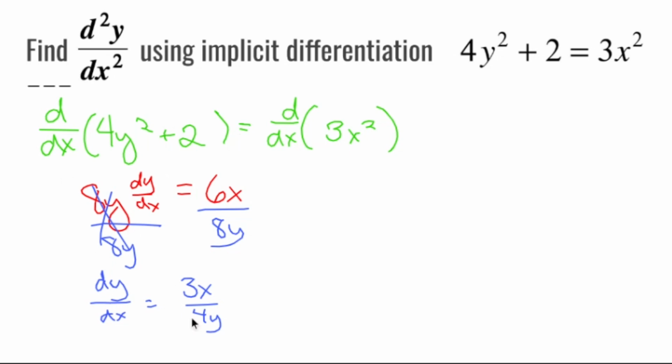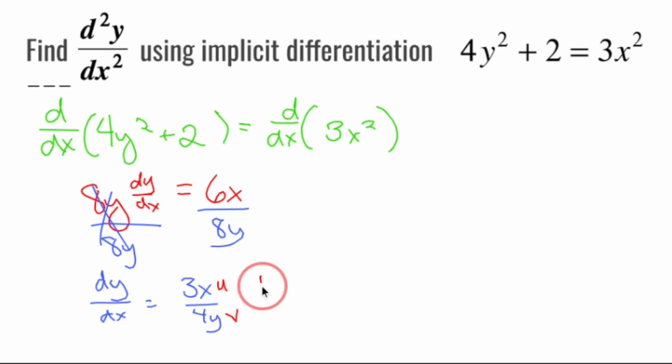Now, the derivative of this guy, all right, so the second derivative is going to be me taking the derivative of this guy right here with respect to x. So this is going to require quotient rule. So I'll call you u, I'll call you v, right?